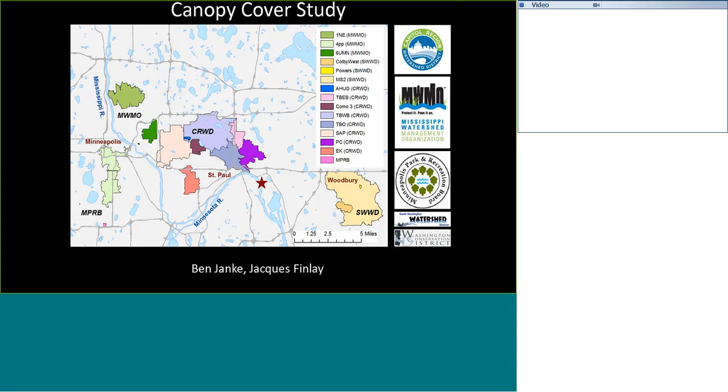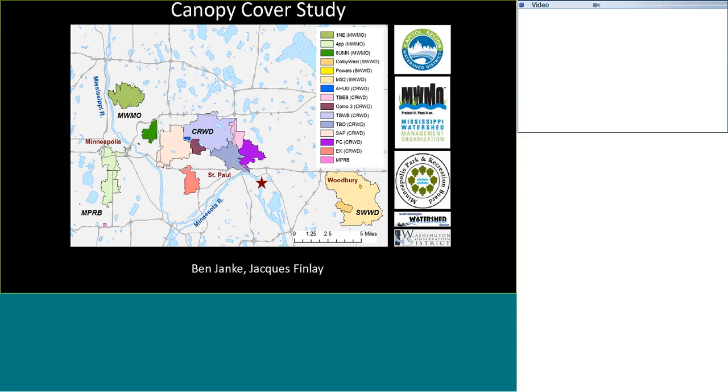I want to talk about another study that lends further support to the importance of trees as sources of phosphorus in stormwater. This was a study that Ben led, where we compiled data on stormwater quality from a number of different sources.